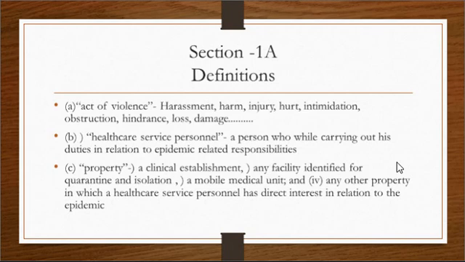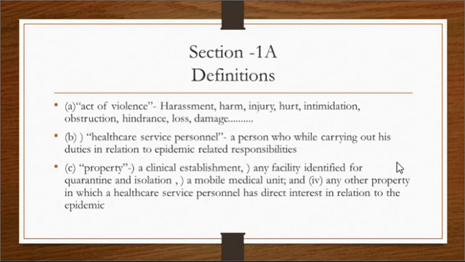So healthcare service personnel also includes any public and clinical healthcare provider, for example nurse, paramedical worker, doctor, community health worker, and any other person who is empowered under this act to take measures to prevent the epidemic or spread of the disease.